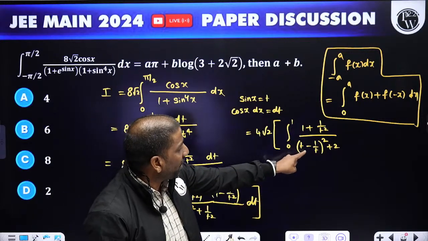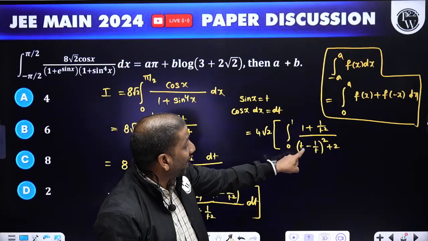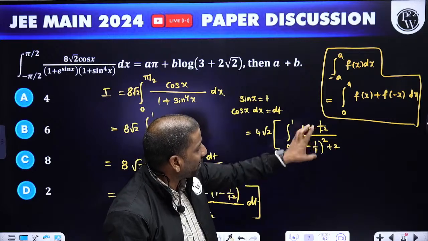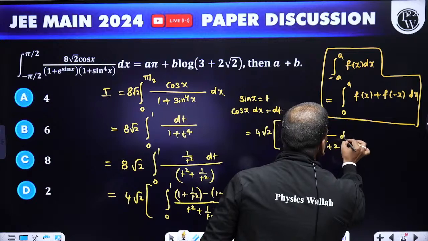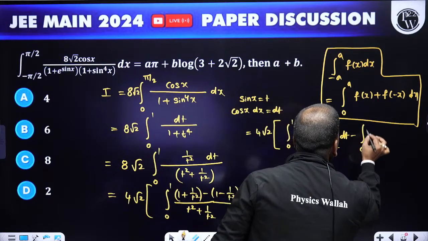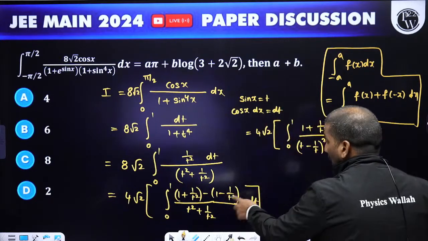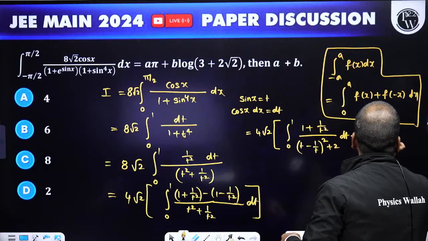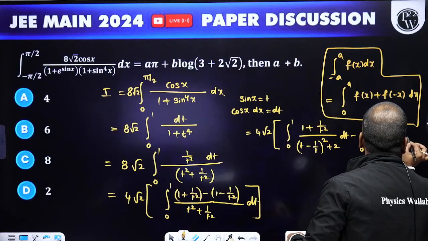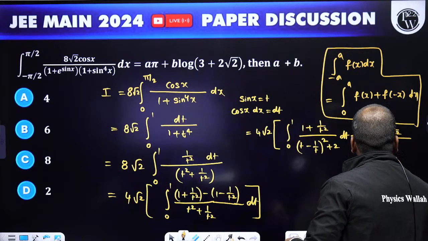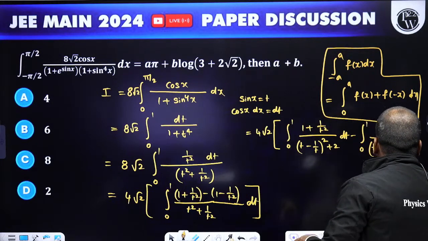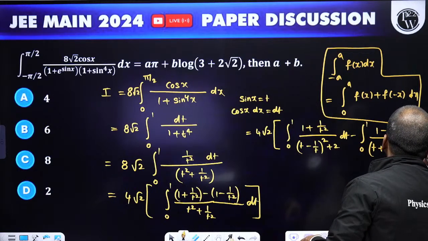Because t minus 1 by t has derivative 1 plus 1 by t square, so that I can make the substitution again. Now coming to the second part, 0 to 1, 1 minus t square, so what should I write? 1 minus 1 by t square in the numerator. So in the denominator, t plus 1 by t, not t minus 1 by t, so it would be plus 2, I am taking minus 2 dt.